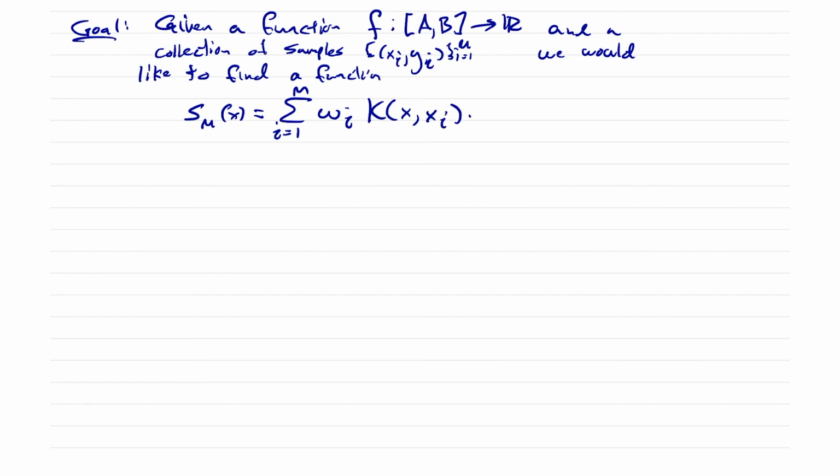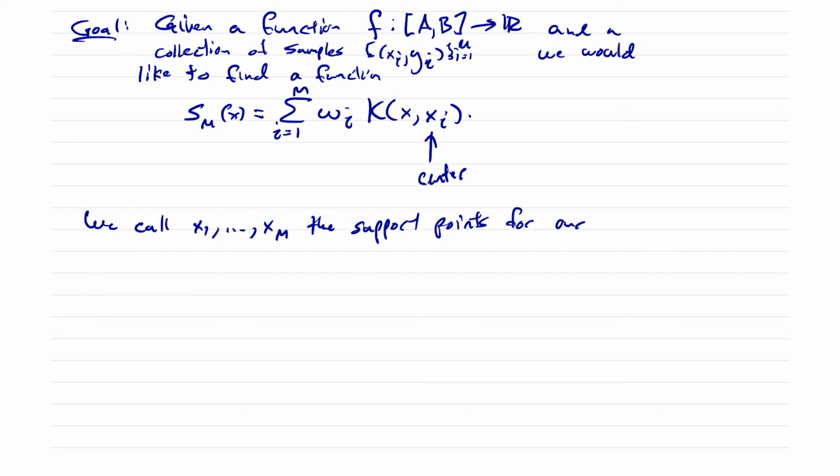And so we would basically like to be able to describe it as a linear combination of kernels that are, quote, centered at our points. And so here we call x1 up to xM the support points for our approximation.